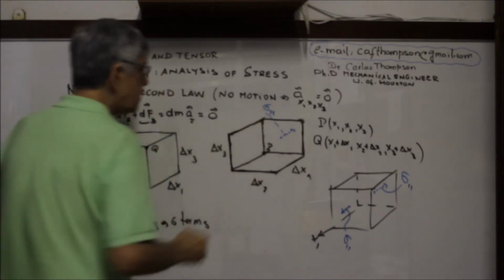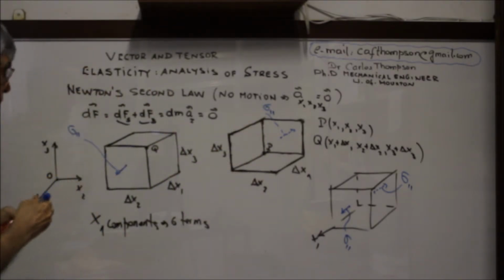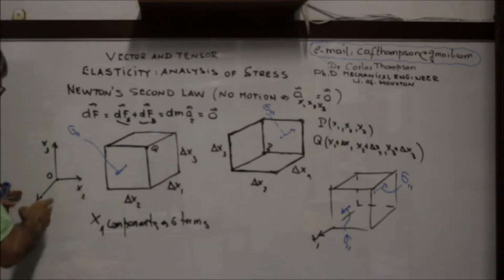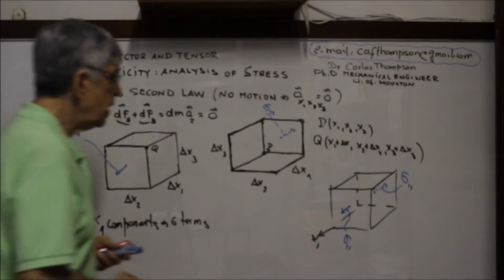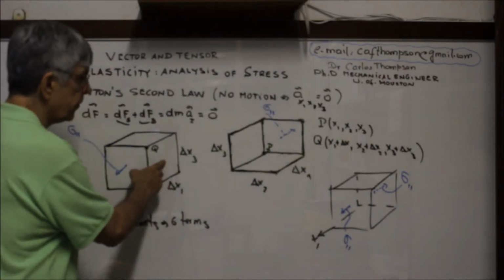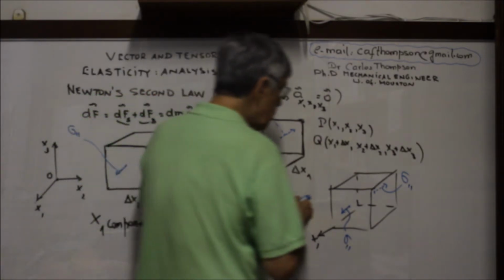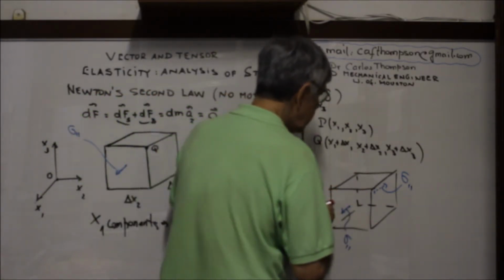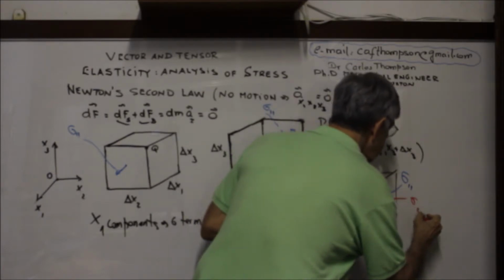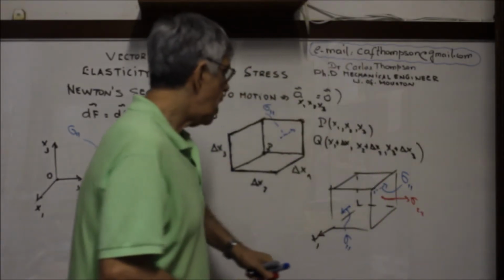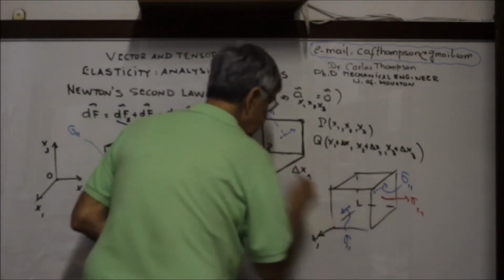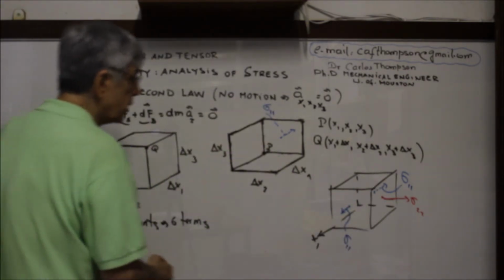Now, let's find more components in the x1 direction. Let's see this front surface here. This surface is sigma 2,2, but I don't want sigma 2,2. I want the x1 component.